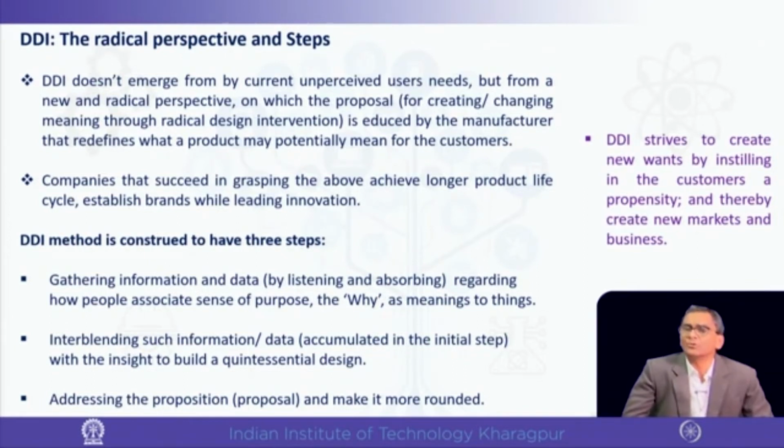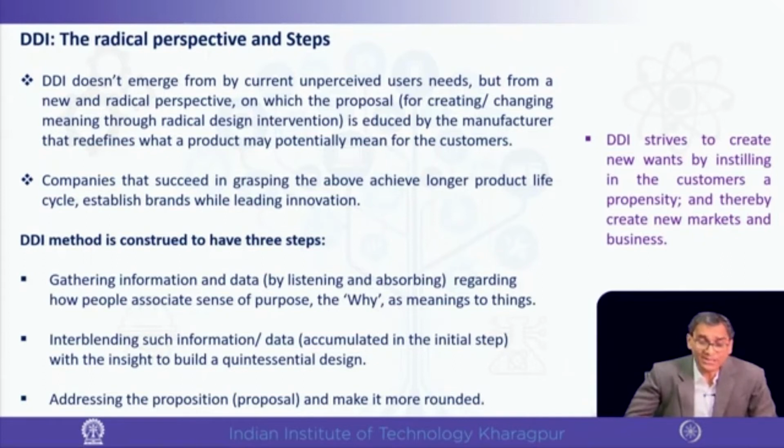Similarly, here we are talking about the product. Now, the DDI method has 3 steps. First is gathering information and data by listening and absorbing regarding how people associate the sense of purpose, what it actually has to do, why they will hire the product to get the job done, or as meanings of things.